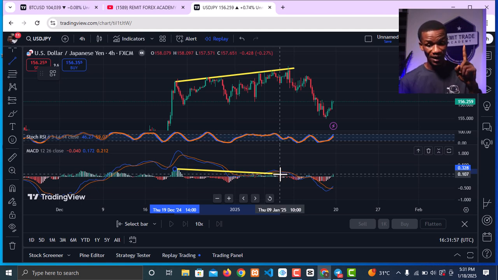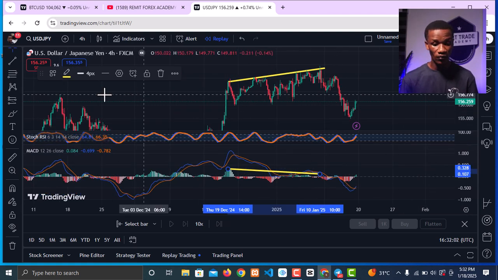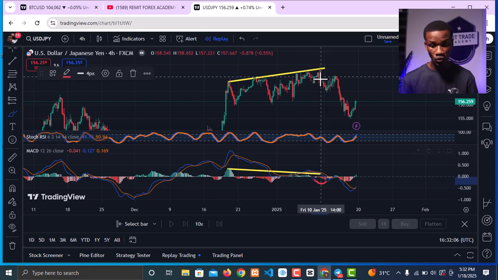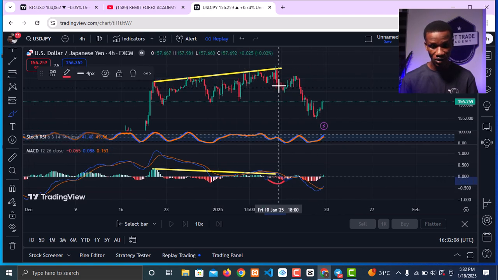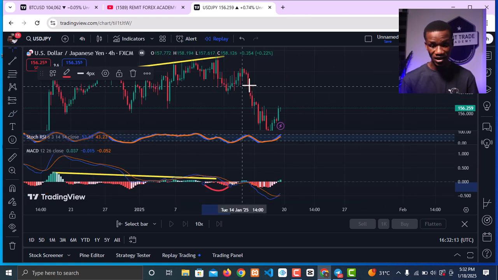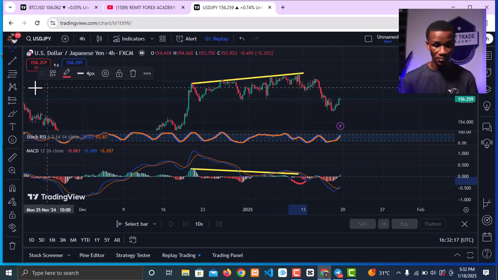And confirmation number one is for the market to start formation on the negative side of the MACD, which we see right at this very point. Confirmation number two was at this very point after the close of this very candle, and I show you guys exactly at this very point. But before that, we need to connect this very area on the price action.